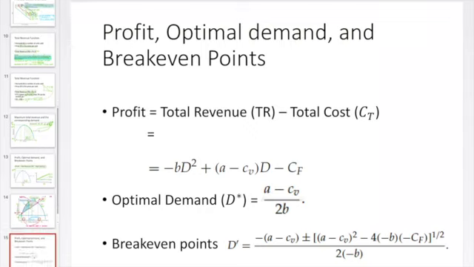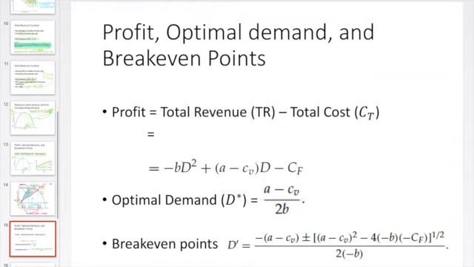All right, so after we have seen this chart, we already know that we can maximize our profit, and we can also know what the optimal demand is to maximize it. And we are also interested in the break-even points, D1 prime and D2 prime, right?